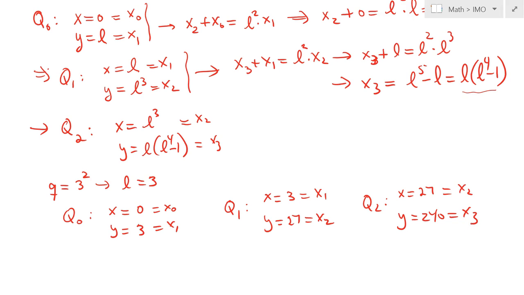Therefore you have your sequence of lattice points starting from 0, 3. Next you will get 3, 27, and then 27, 240, and you can continue in this fashion. In fact, you can even go in the negative direction as well, but I will not go into that.